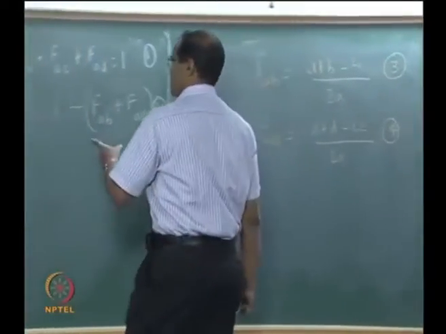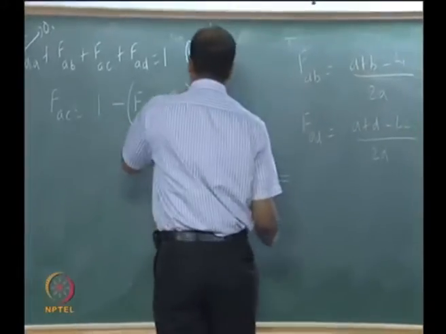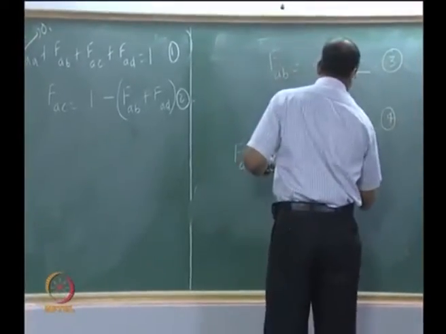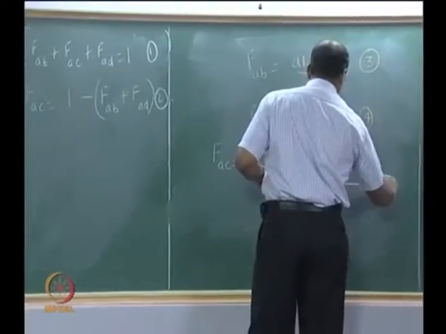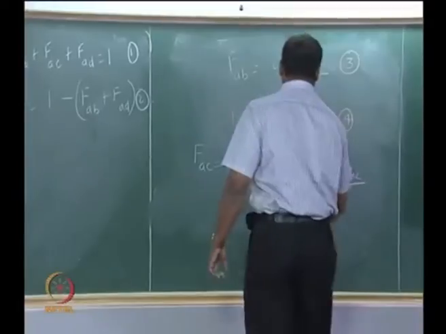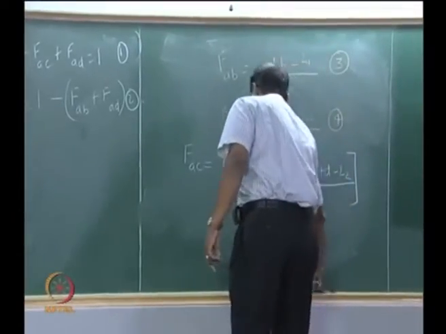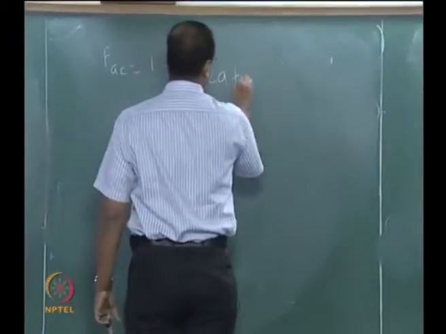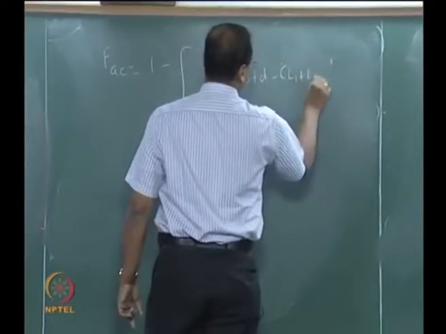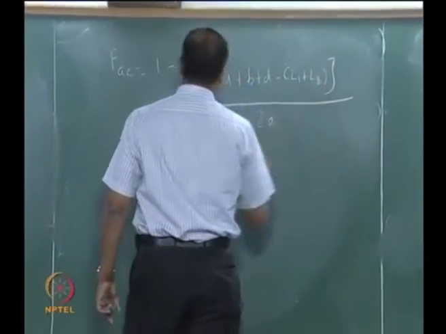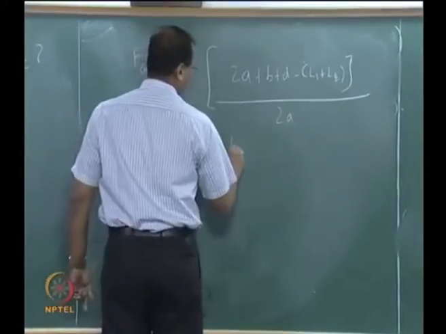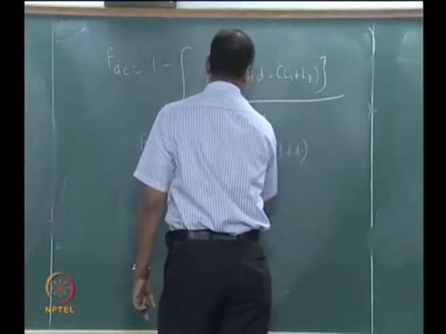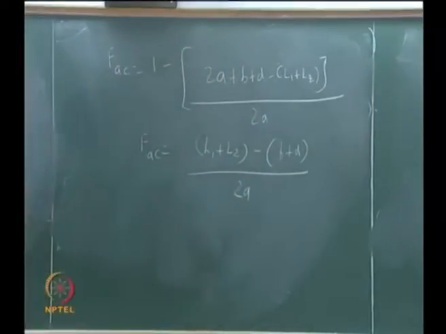Now we will substitute FAC equal to 1 minus FAB minus FAD.